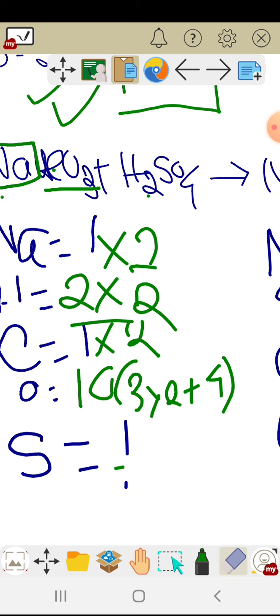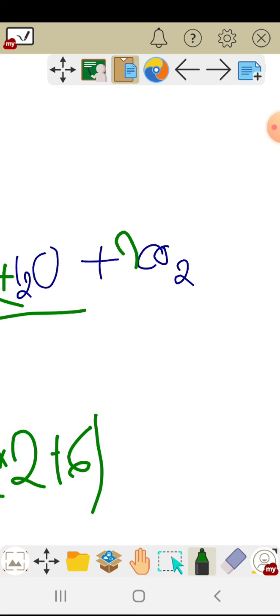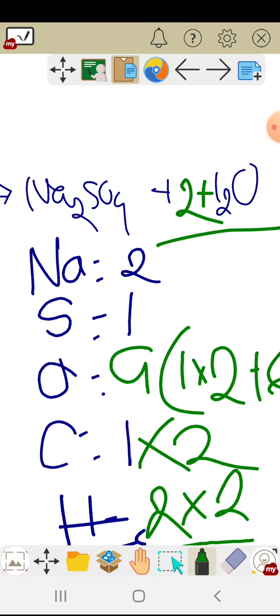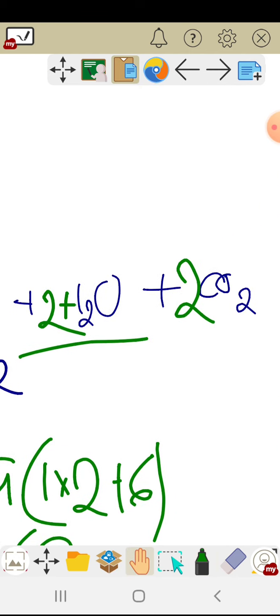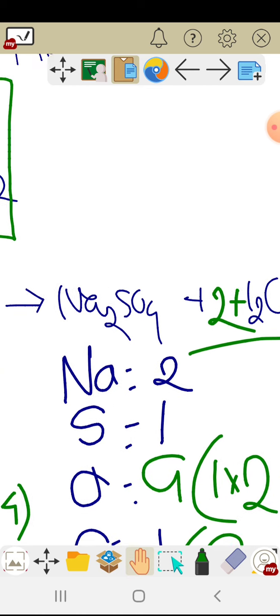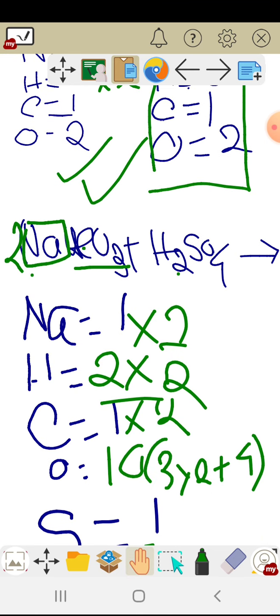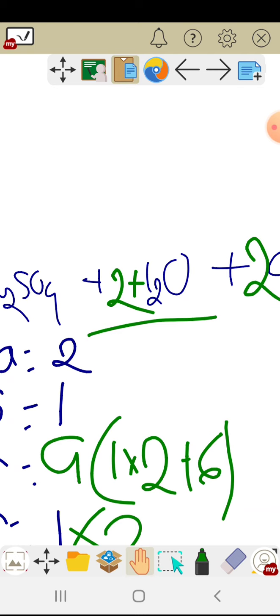So we are placing here 1 under 2 to make this oxygen balanced. So we are making the carbon 2 because here is carbon 2. So now see oxygen becoming 4. This is 2. So 4 plus 2 is 6 and here is 10. 10 was already present this side. Balanced. So we are placing a 2 before NaHCO3 and we are placing a 2 before H2O and we are placing here 2.